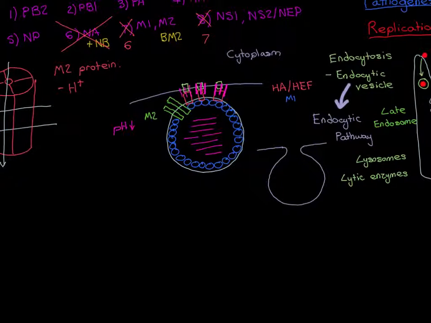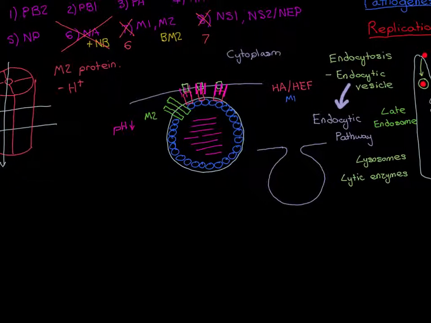It's going to start moving around a lot. And what can then happen is it can end up fusing with the membrane of the viral envelope, which is very, very close by. So this becomes continuous with this, and this becomes continuous with this, just as I've shown here. So the viral envelope has joined with the early endosome membrane, and that is mediated by the hemagglutinin and hemagglutinin esterase fusion proteins. So that's viral envelope fusion.